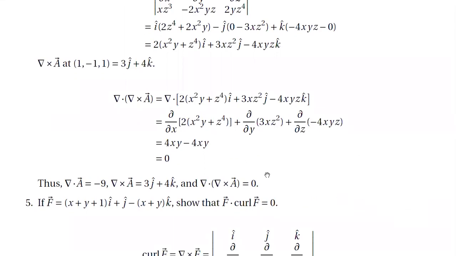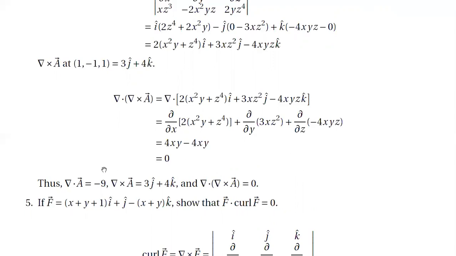So if you calculate this, here I get 2 into 2xy. So that will give me 4xy here. This term obviously becomes 0. Next term here will be 0 because there is no term of y. Next term here will be minus 4xy. So if you solve it, you get 4xy minus 4xy, which is equal to 0.